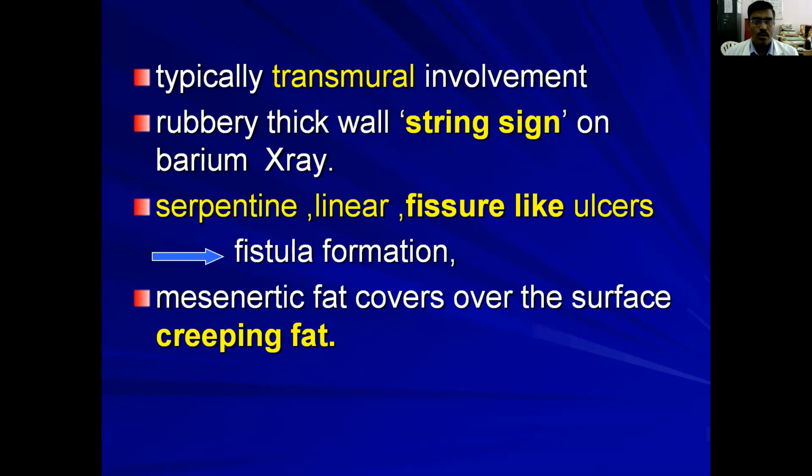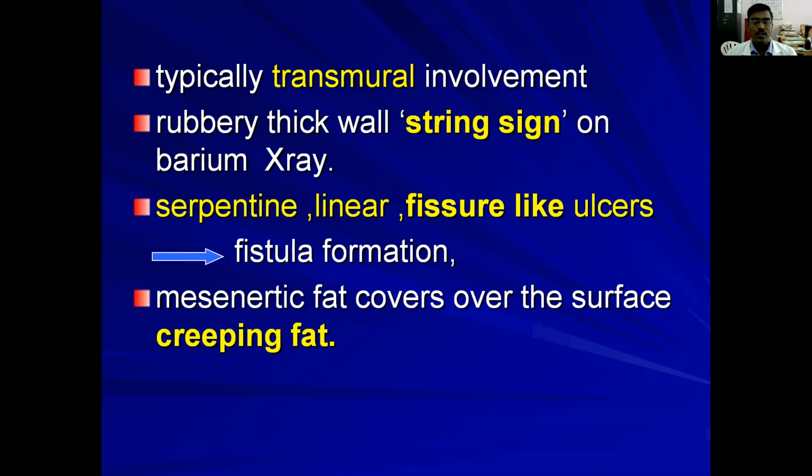It usually shows typical transmural involvement, with a rubbery thick wall, which on barium X-ray we call a string sign. Grossly it looks like serpentine or linear fissure-like ulcers, which lead to fistula formation.